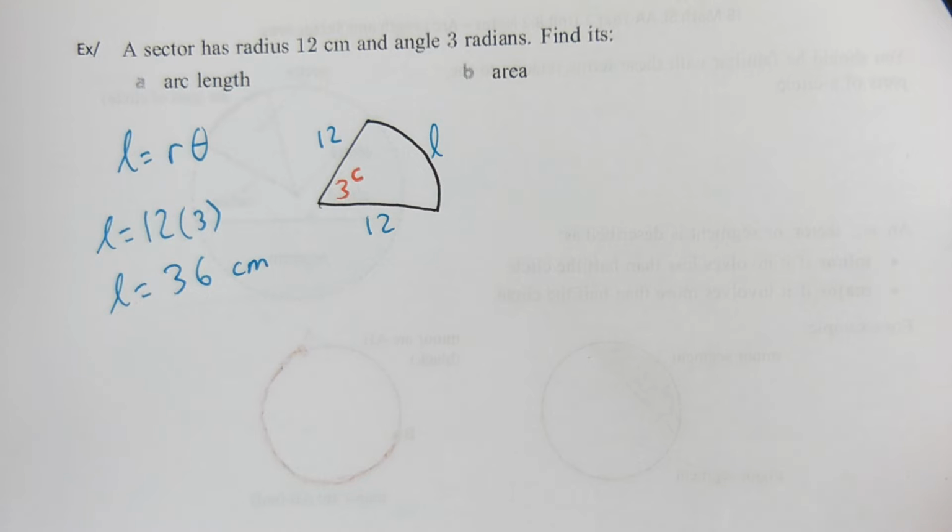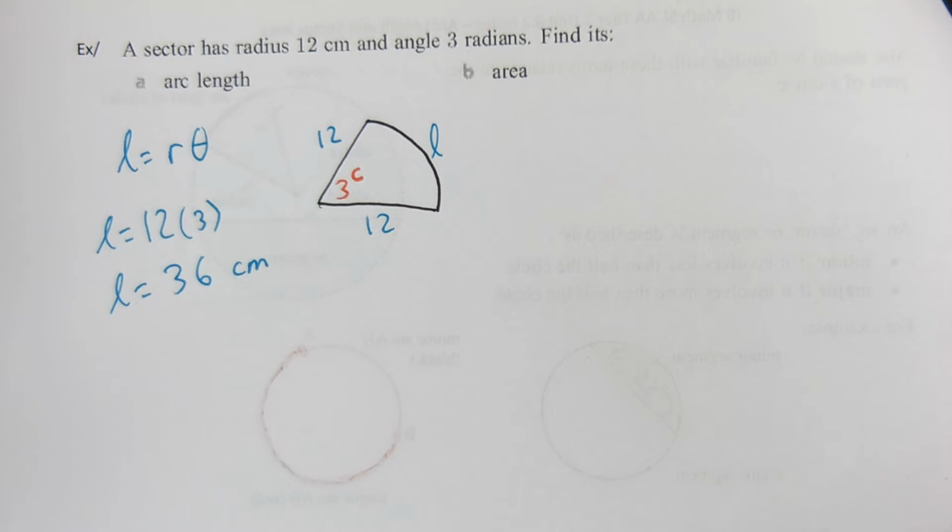Because the radius was 12. If it said 6 radians, you do 12 times 6, yeah. If it's in degrees, you got to work a little bit harder, don't you? Radians are our friends. The quicker you can get used to radians, the faster you will be at learning trigonometry, which is coming up very, very soon.